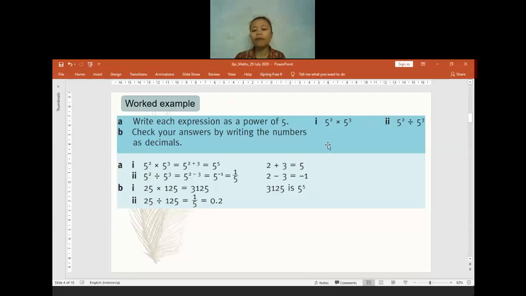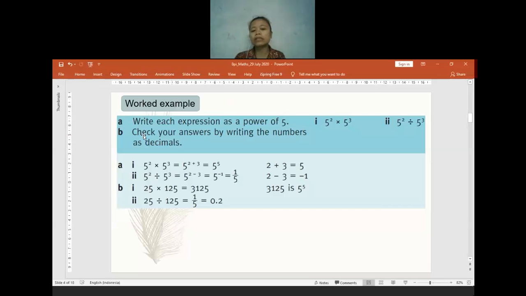Now if I have 5 to the power of 2 divided by 5 to the power of 3, we just directly subtract the power. 2 minus 3 equals negative 1. So the final answer will be 5 to the power of negative 1, or you can write it as a fraction, 1 over 5.